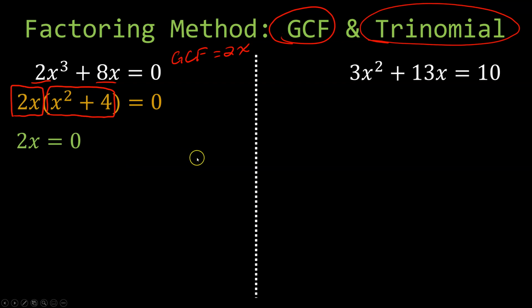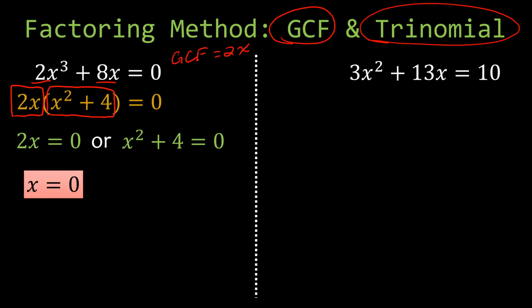So the zero product property says that either 2x is going to have to be 0 or x squared plus 4 will have to be 0. If 2x is 0, then x must be 0. If x squared plus 4 is 0, then x squared is equal to negative 4.